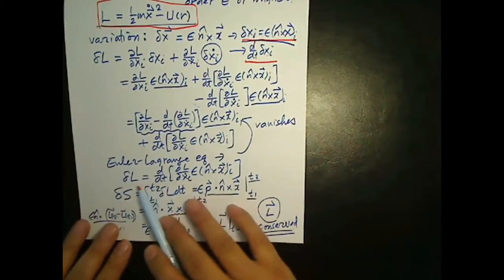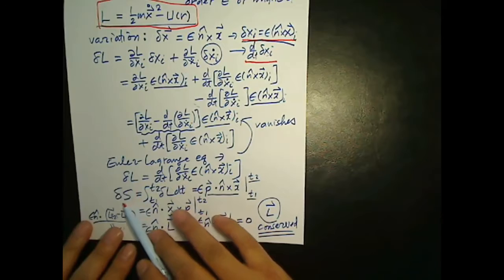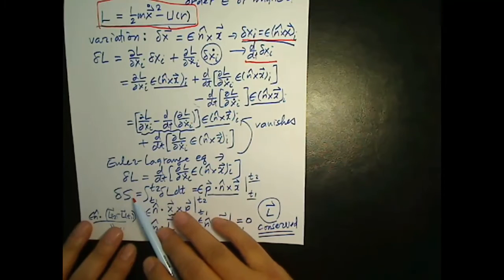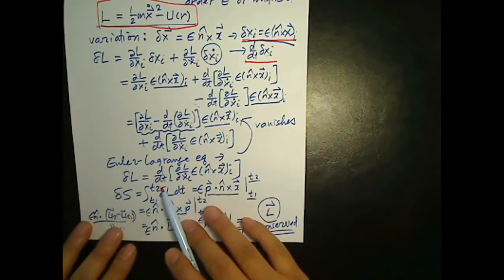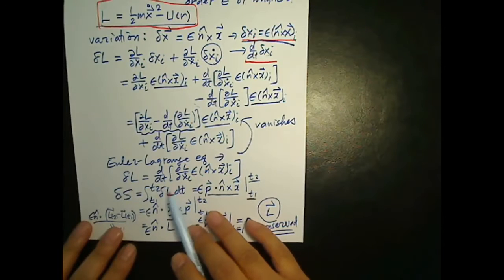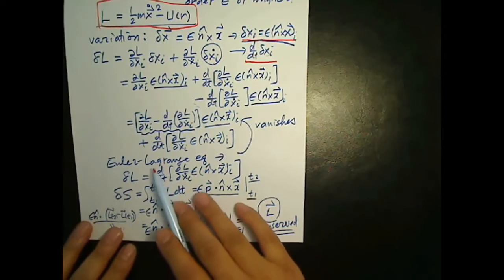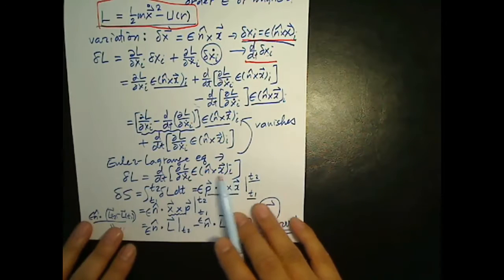If we substitute this variation of the Lagrangian into the formula for the variation of the action, we find that the variation of the action is the integral from T1 to T2, where the variation of the Lagrangian is substituted, this total time derivative is removed, and its argument is placed here.